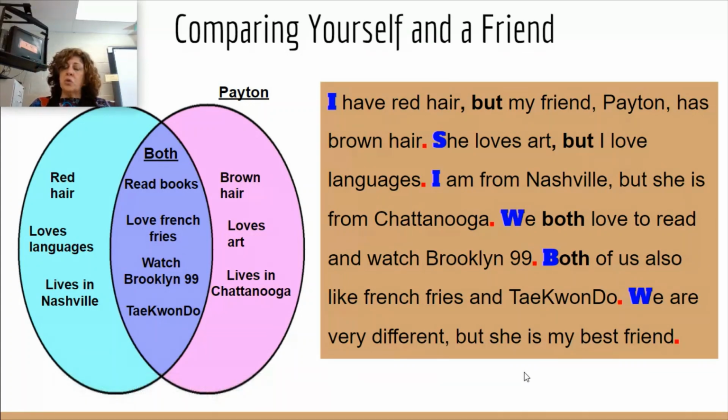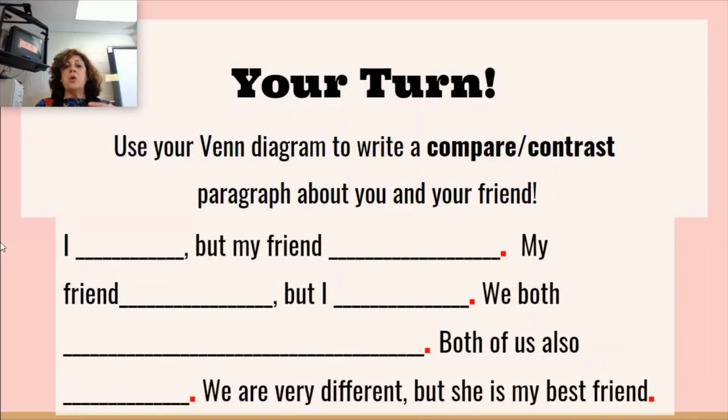However, we're going to do an example together again. So here we are. What we're going to do is not another example, as I said, I made a little bit of a mistake. What I did was I created a paragraph frame for you, using your Venn diagram, to write a compare and contrast paragraph about you and your friend.